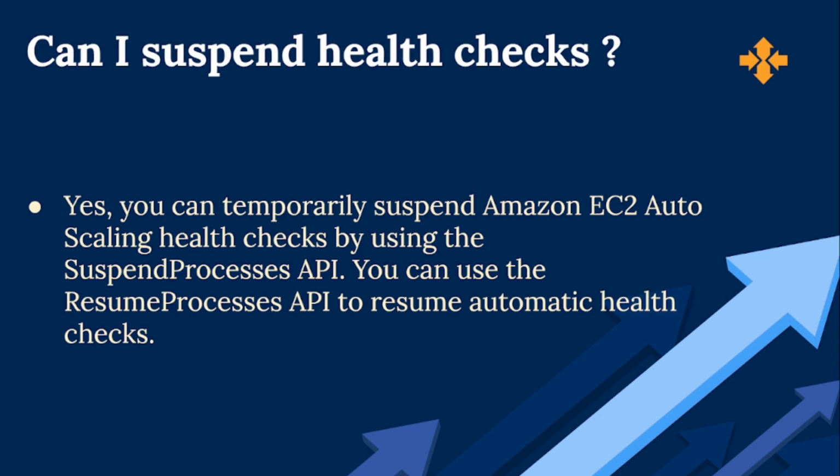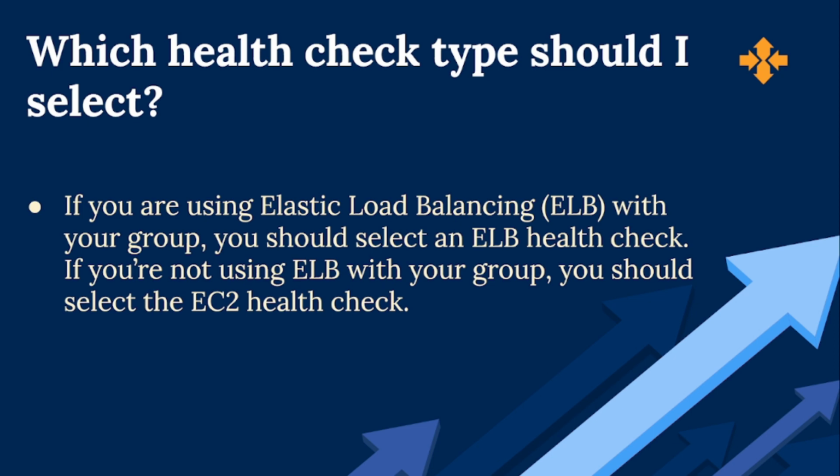Let's see the next question. Can I suspend health checks? Yes. You can temporarily suspend Amazon EC2 Auto Scaling health checks by using the Suspend Processes API. You can use the Resume Processes API to resume automatic health checks. Let's move to the next question.